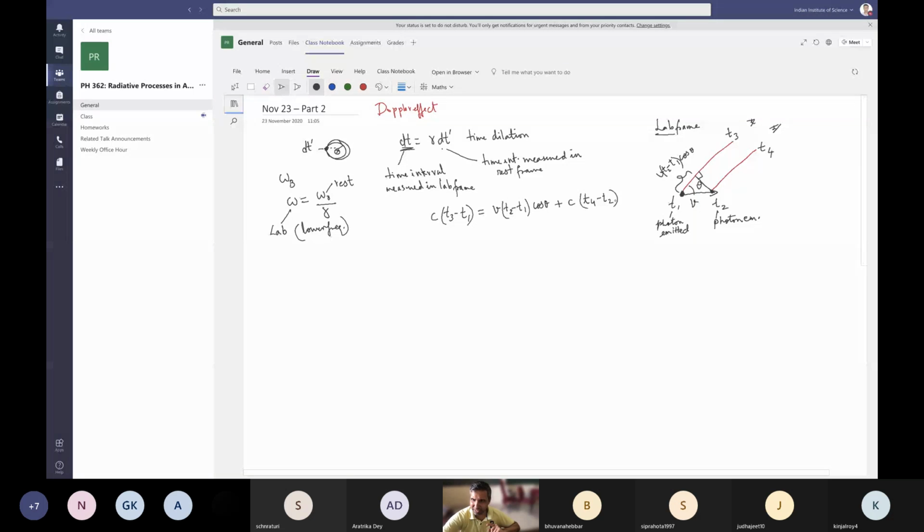Right. So this distance and this distance are equal, right? Because these are parallel lines going to the same place. So this full distance is equal to this distance plus this c (t4 minus t2). Okay.